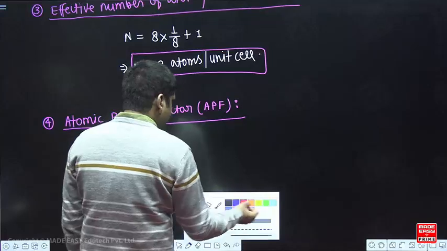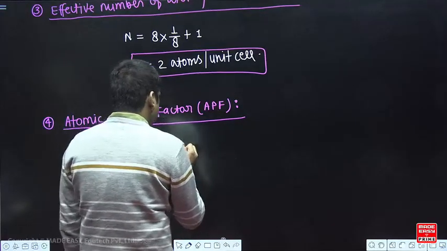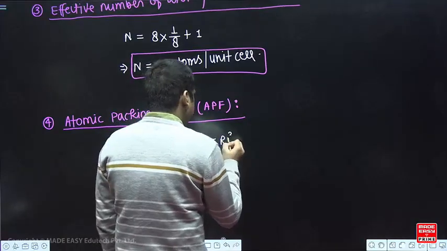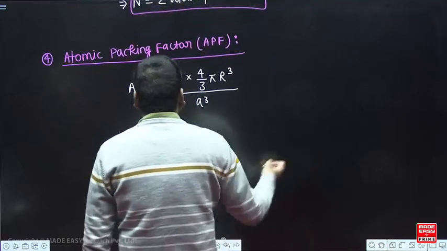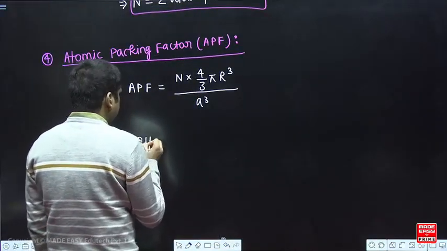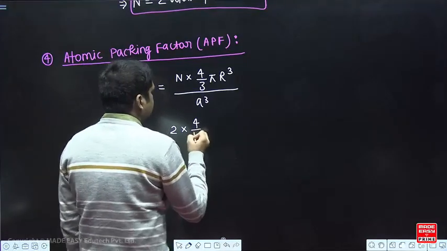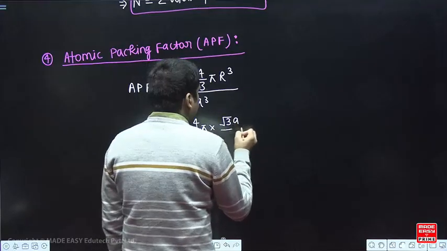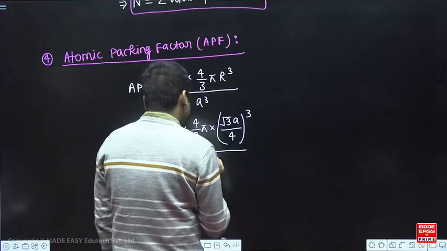This APF is the sum of atomic volume, that is n into 4 by 3 pi r cube, divided by a cube. So APF is equal to, n value is 2, into 4 by 3 pi into (root 3 a by 4) whole cube, divided by a cube.